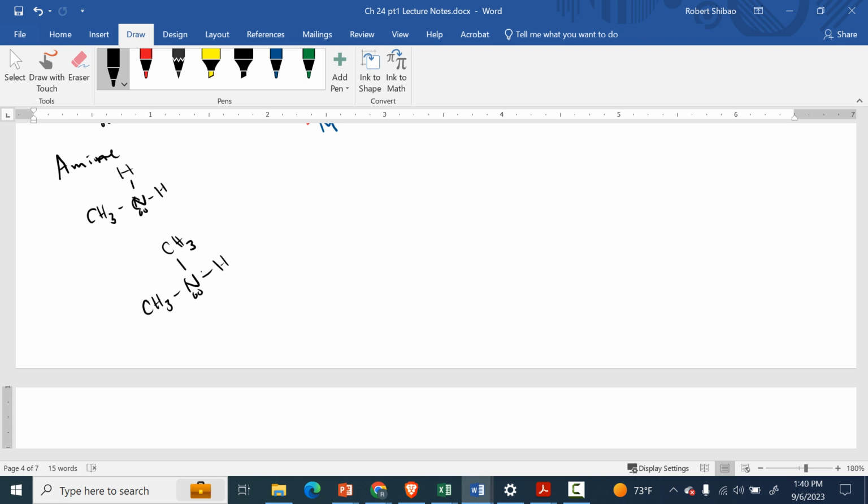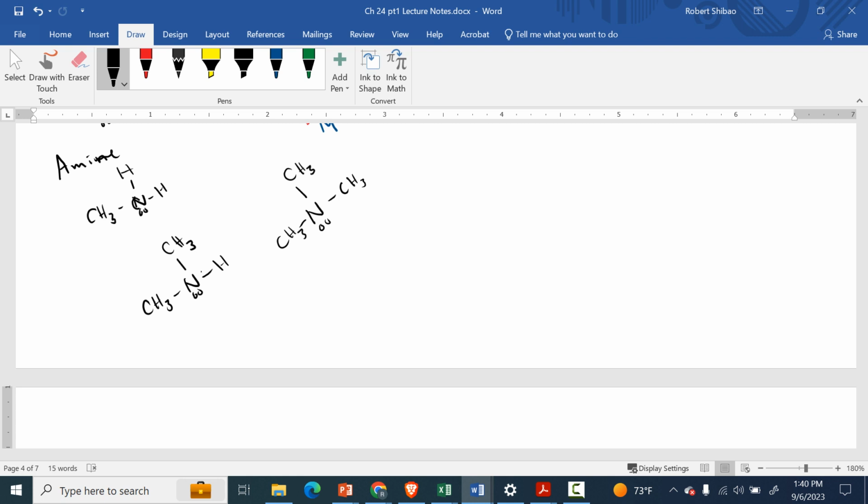Or we'd have trimethylamine. Trimethylamine would have 3 methyls. And how many hydrogens? Okay, you don't count the hydrogens on the carbon. We're just going to count the hydrogens on the nitrogen. And it has no hydrogens on the nitrogen.